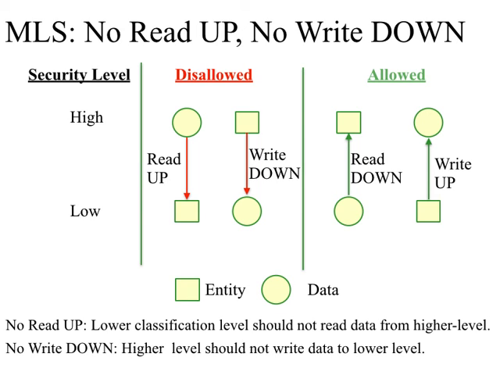No read up refers to the property that a data object at a high security level should not be accessible or readable by an entity or a user at a low security level, which means that data should not flow from a high security level to a user at a lower security clearance.